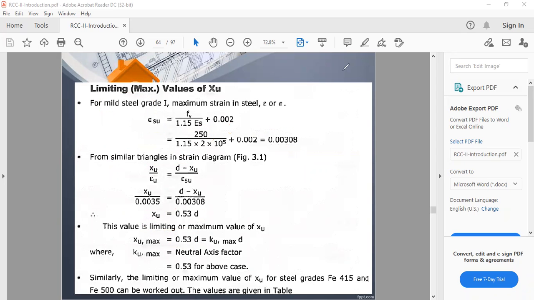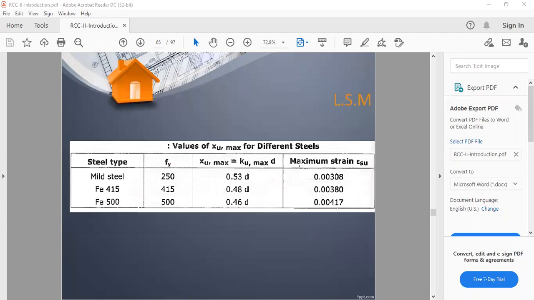But what is the value if we take 415? As we have seen, this table gives the maximum value of Xu, or Xu max, for the different steels. For mild steel, grade 250, what is the maximum value? 0.53 times d.